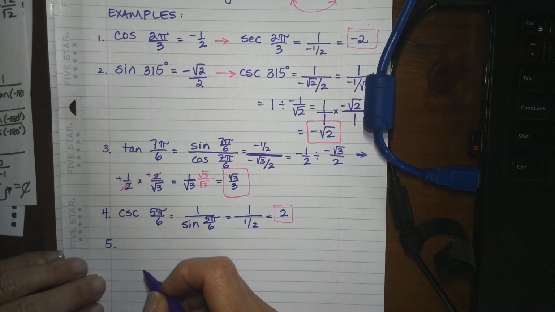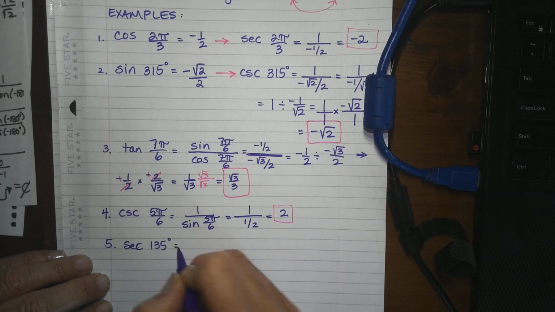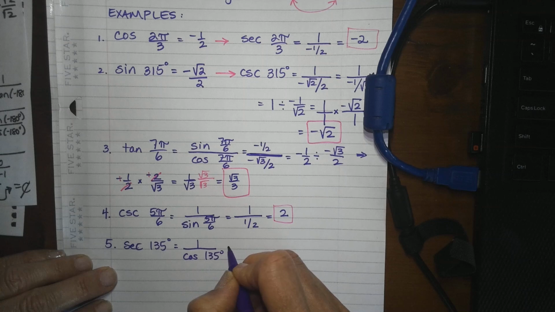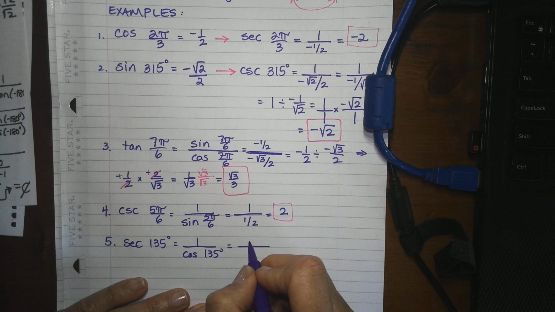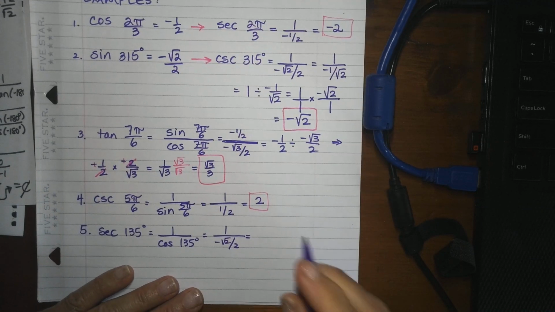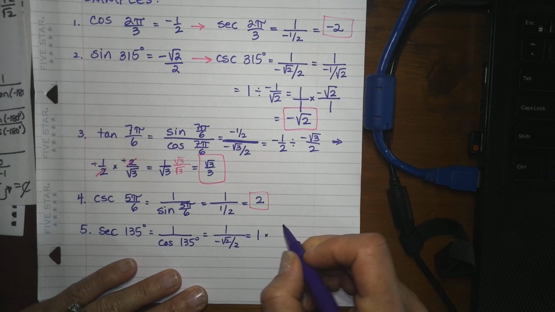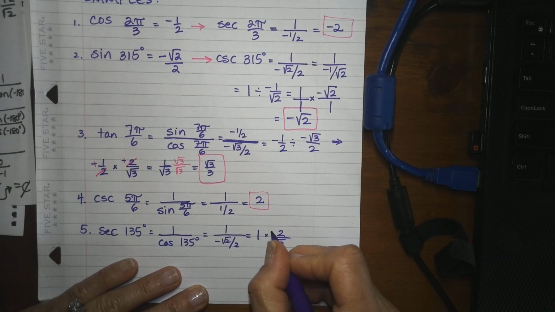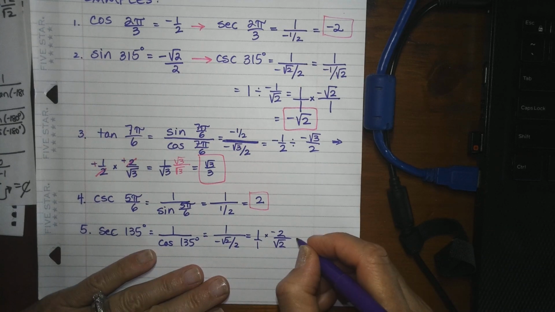Fifth example. Say I want to do secant of 135. That's the reciprocal of cosine 135. Either draw your triangle or use your unit circle, and you get 1 divided by -√2/2. With my KFC, I'm going to end up doing 1 times 2/√2 with a negative.